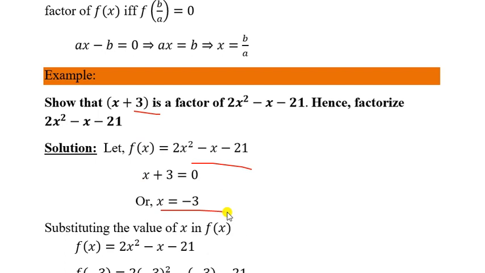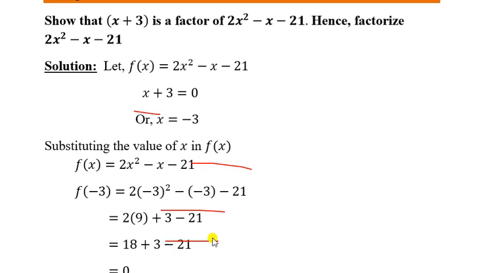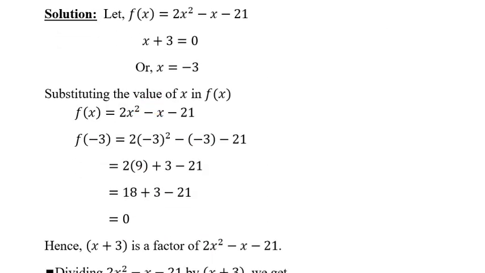If our result is 0, then only it will become a factor, otherwise no. So substituting the value in f of x, f of minus 3 is equal to 0. That means x plus 3 is a factor of our polynomial because the result is 0.